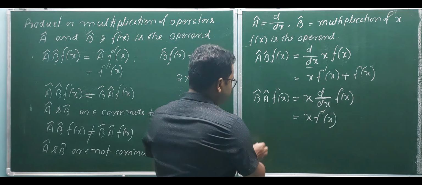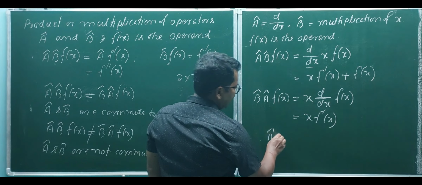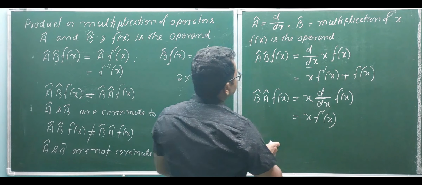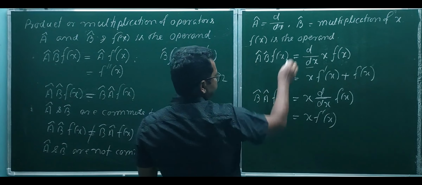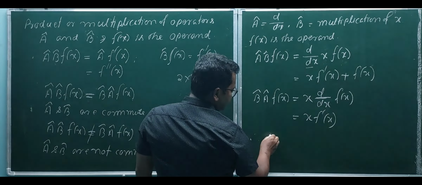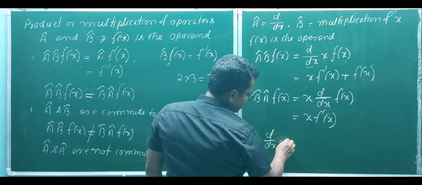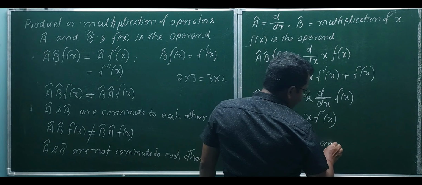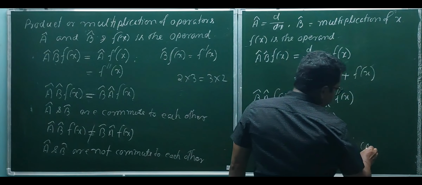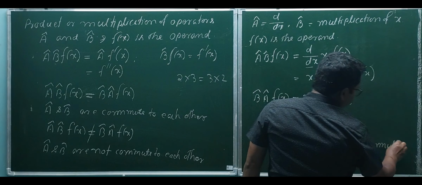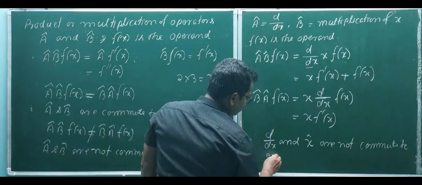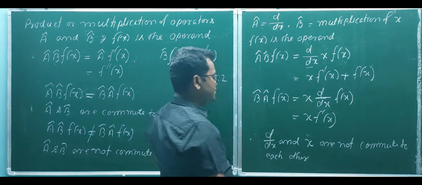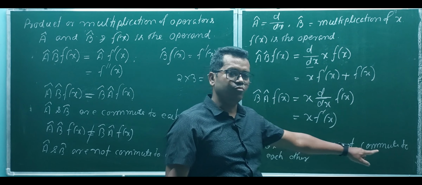Therefore A cap B cap, that is here we can say A and B, that is d/dx and multiplication by x, do not commute with each other.